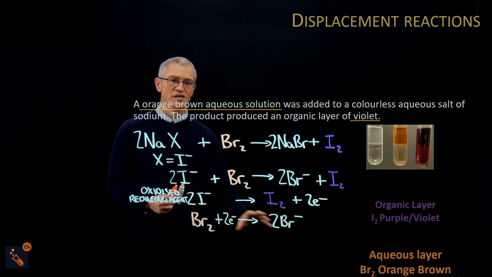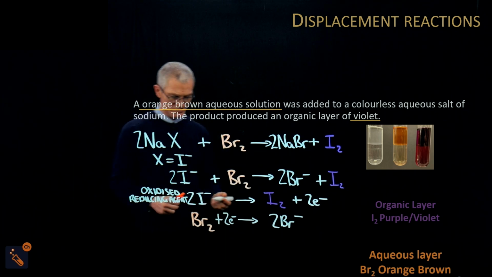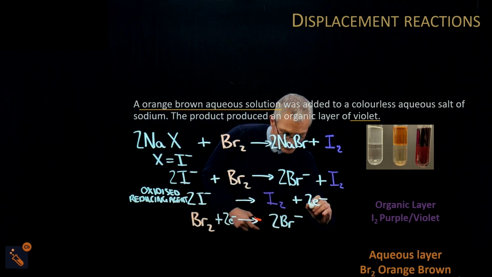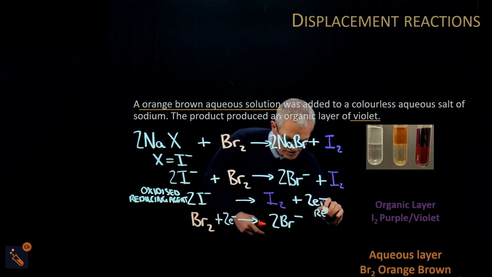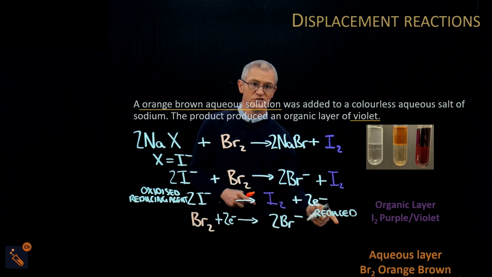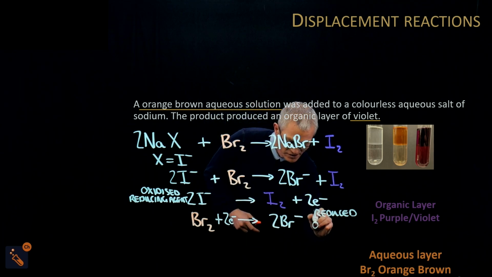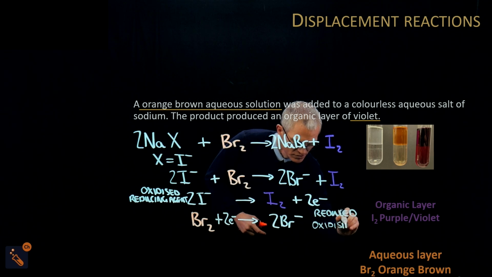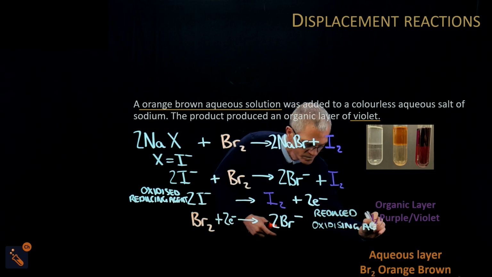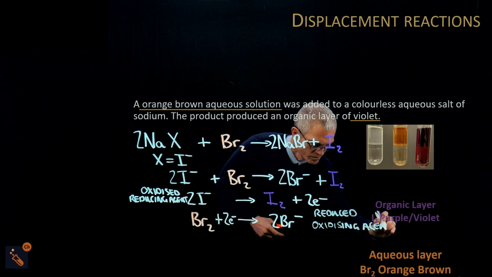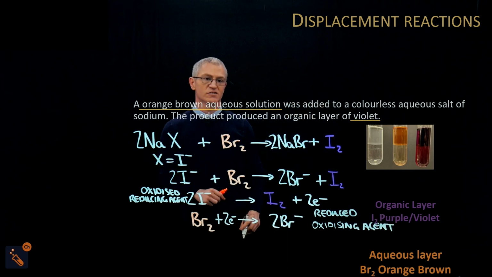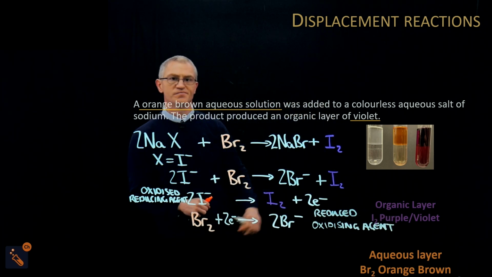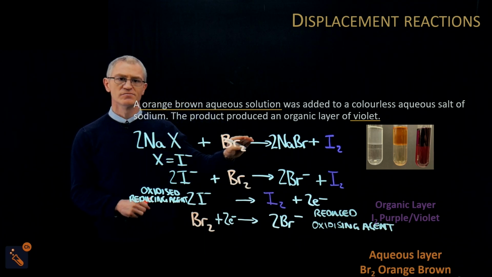So we're adding electrons. Because we're adding electrons, it is reduced. And if it is reduced, that means it is the oxidizing agent.